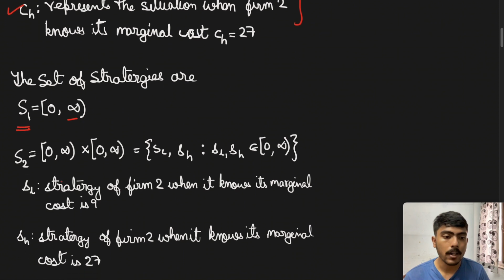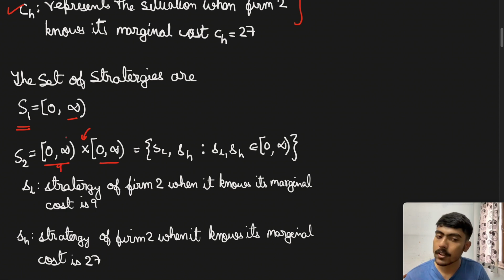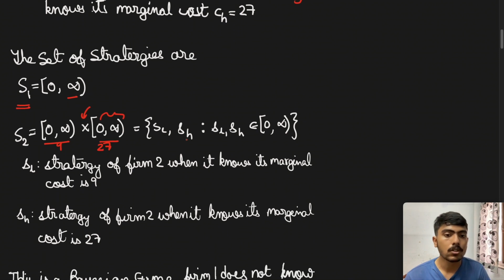Now for player 2, we will have 0 to infinity into 0 to infinity. Why this product? Because we need to multiply the cases where the events are independent of each other. Suppose player 2 knows that its marginal cost is 9, it can set the value from 0 to infinity. But again, when it knows that its cost is 27, it can again set the value from 0 to infinity. So this will be the strategy for player 2.